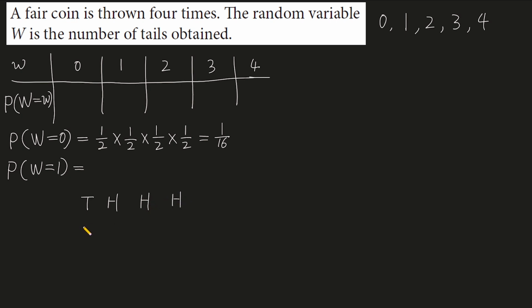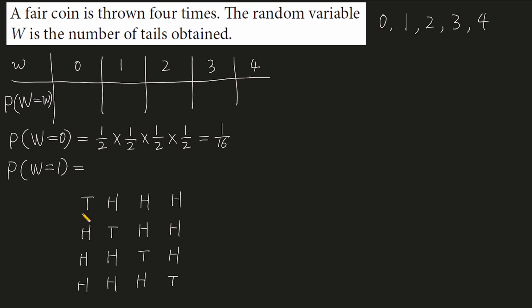We also can get head first time, tail second time, head third time, and head fourth time. Or first time head, second time head, third time tail, fourth time head. Or first time head, second time head, third time head, fourth time tail. So there are 4 situations.